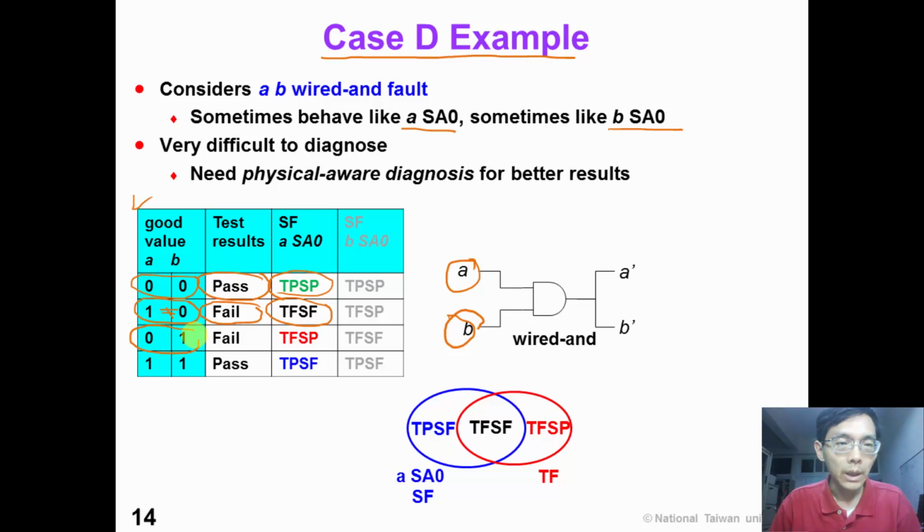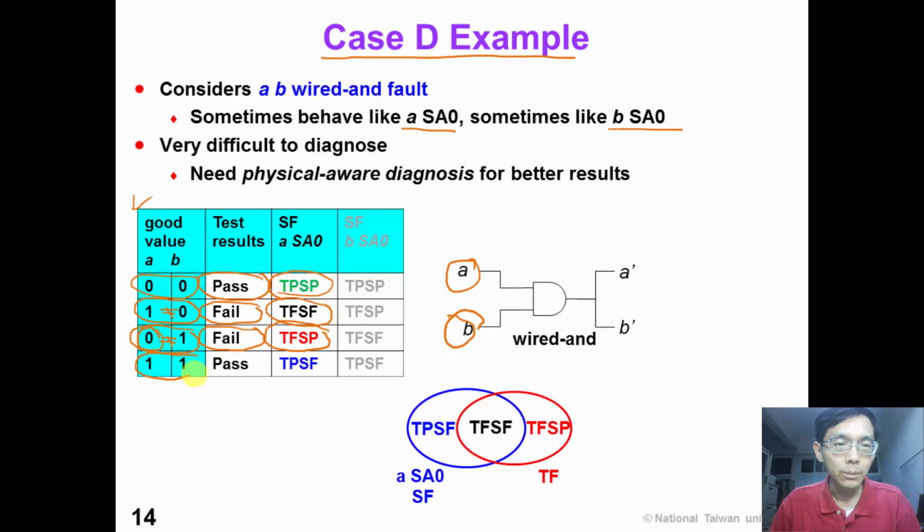However, when A is 0 but B is 1, this circuit could fail the test because the values of A and B are not the same. But this would correspond to a TFSP for A stuck at 0, 4. Because the value of A is 0, in simulation, this can never cause a failure.